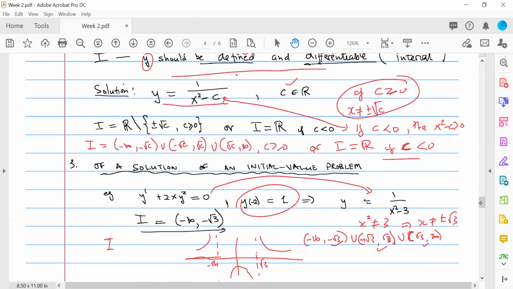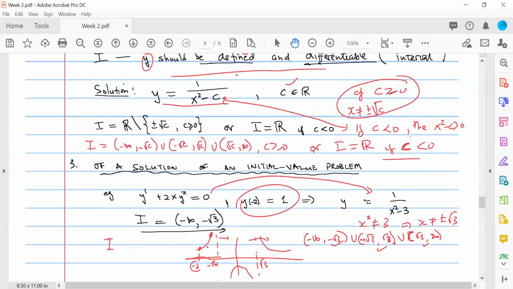All right. So now we are saying when x is equal to minus 2, so minus 2 is on this part of the graph, and y is equal to 1. So we are basically looking at this solution here. There's no way this solution will cross over into the other region.